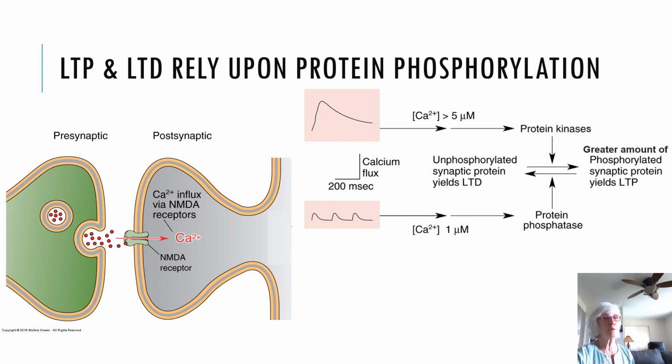The AMPA receptor will open, will depolarize the CA1 neuron sufficiently to open up the NMDA receptor, to remove that magnesium, and that will allow calcium in, right? That calcium will bind to our different protein kinases.